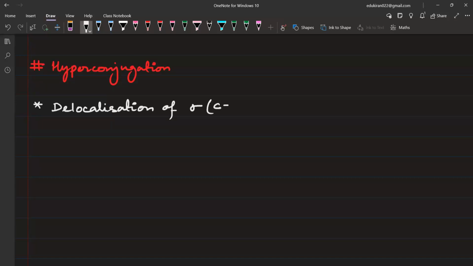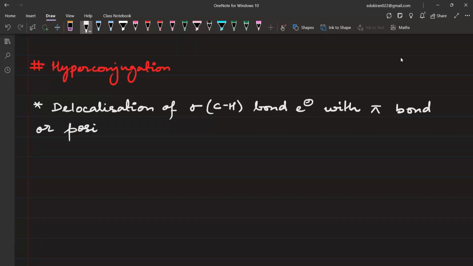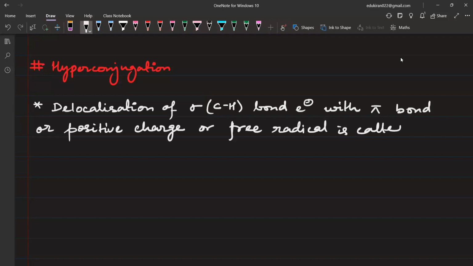Delocalization of sigma, that is C-H bond, electron with pi bond, or positive charge, or free radical is called hyperconjugation.